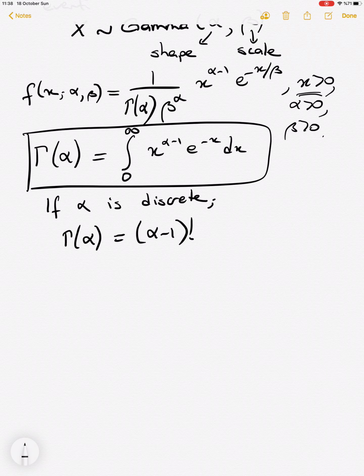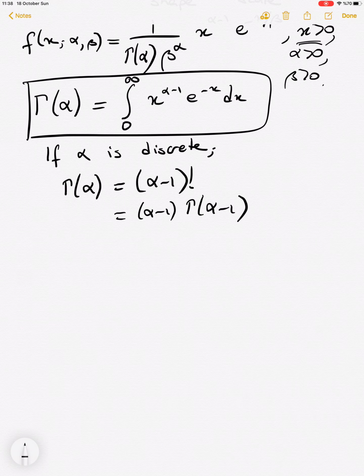We can also write this as alpha minus 1 times gamma of alpha minus 1, and after writing this form we end up with alpha minus 1 factorial. One important thing that we are using is that gamma of 1 over 2 is the square root of pi. I think that's enough for now.